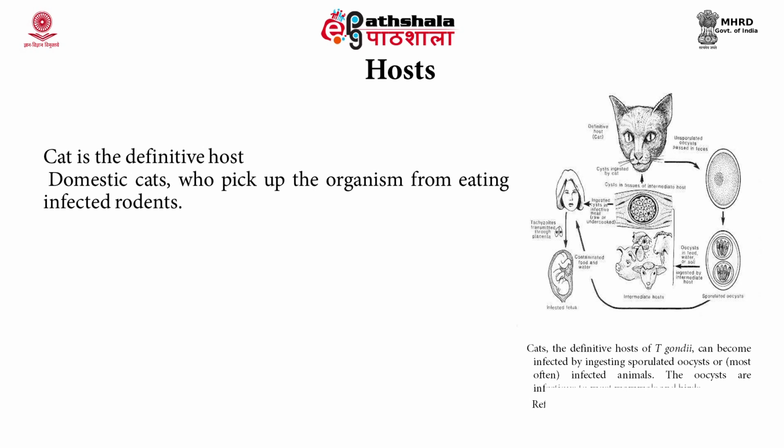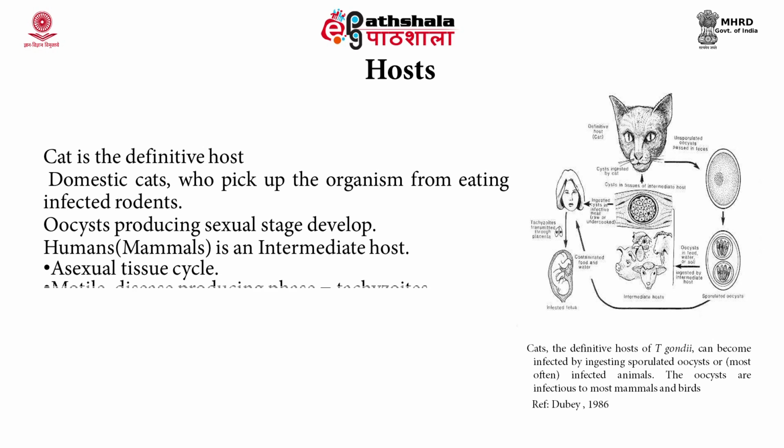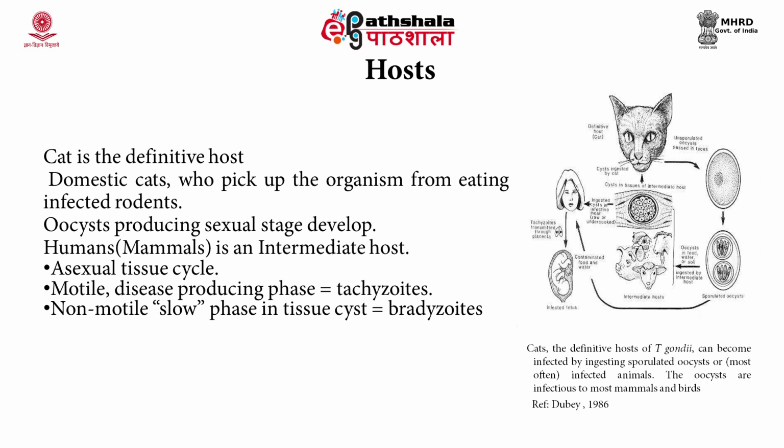The definitive host is the cat or domestic cats, who pick up the organism from eating infected rodents, and oocysts are produced by sexual development during the life cycle of Toxoplasma gondii.